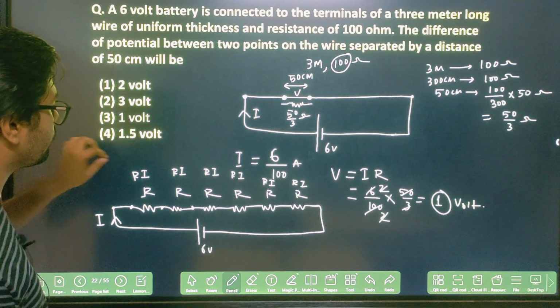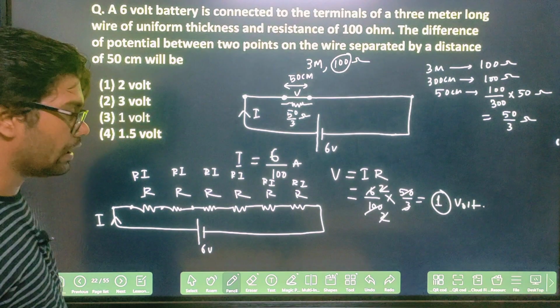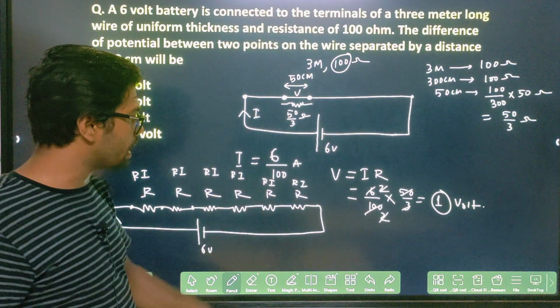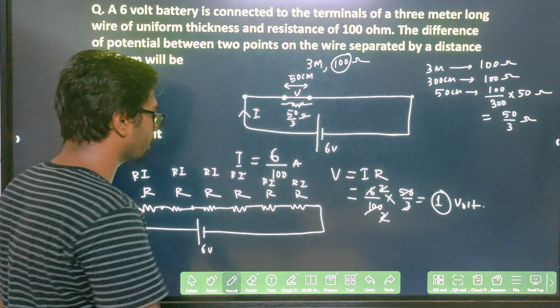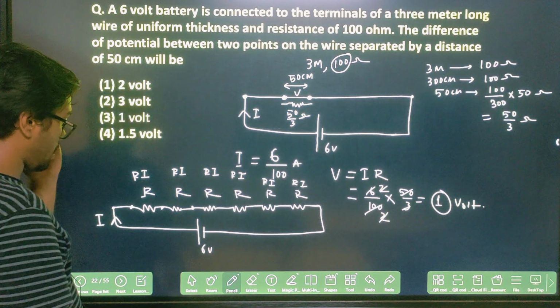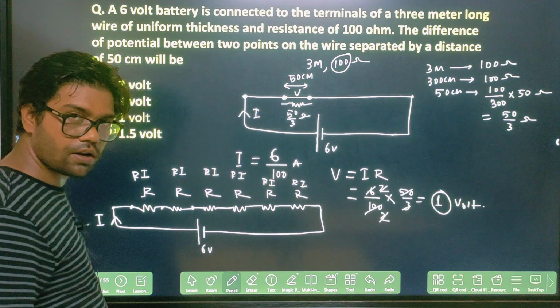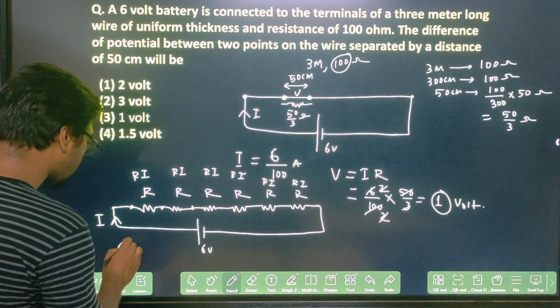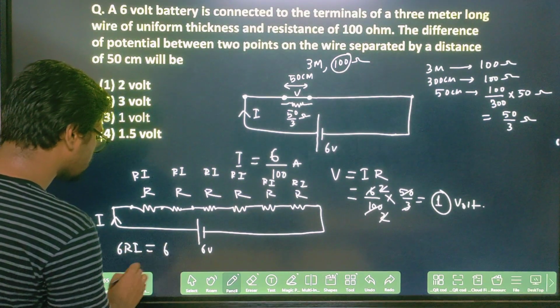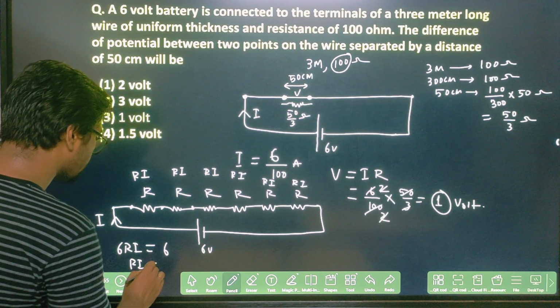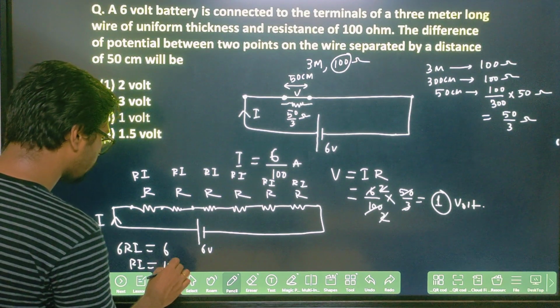Clear? Everywhere the potential drop will be Ri. If everywhere the potential drop is R into I, this will be 6 Ri potential drop, and 6 Ri potential drop is basically your 6 volt. So Ri will be how much? Ri will be 1 volt.